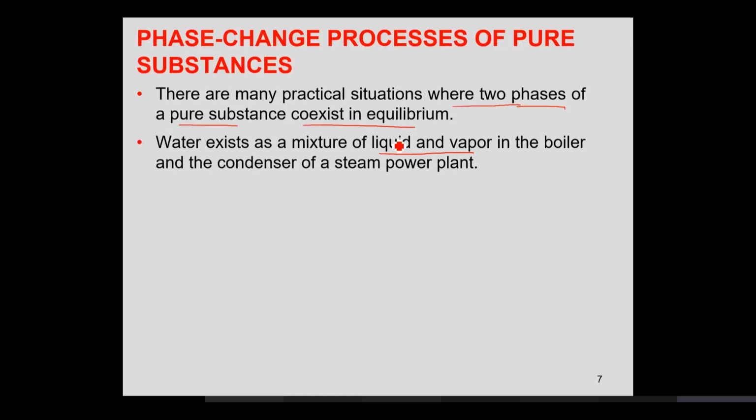For example, water exists in a boiler, where water gets heat and evaporates. So there's a phase change process from liquid to vapor in the boiler. Similarly, in the condenser of a steam power plant, there is the opposite phase change process: vapor is converting into liquid.